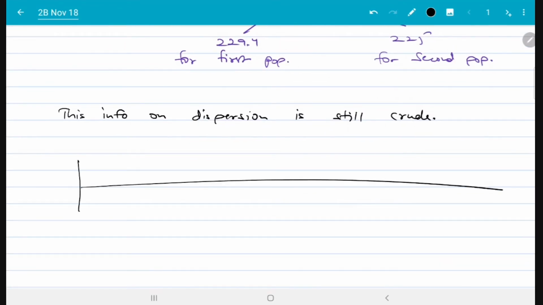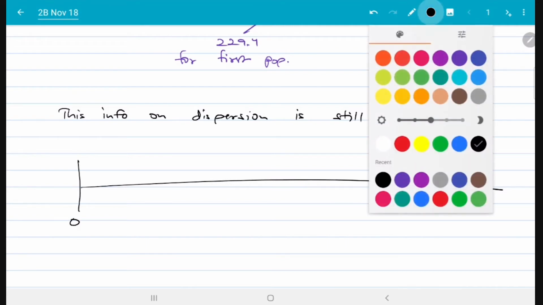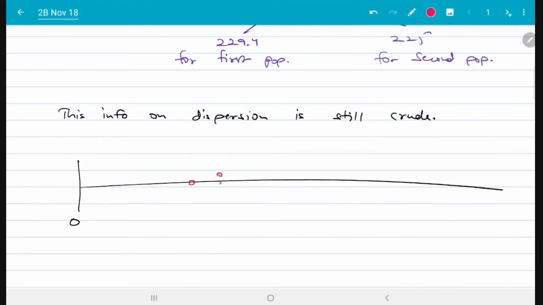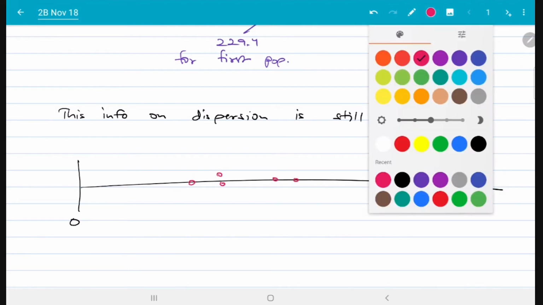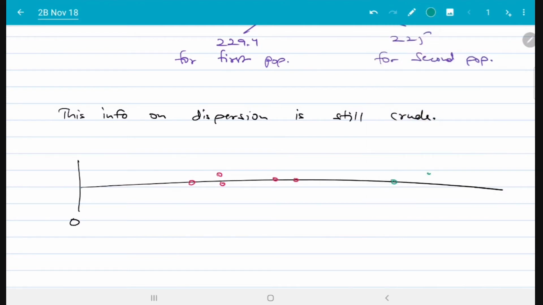If on the number line we have these two, let me use colors, red and green. The two distributions here have a different location, but the distribution is the same. The spread of the distribution is the same for both.